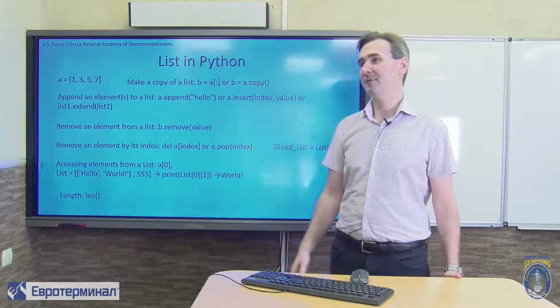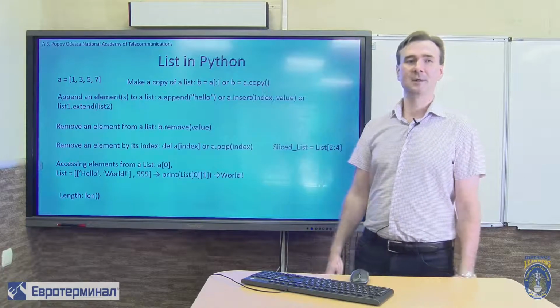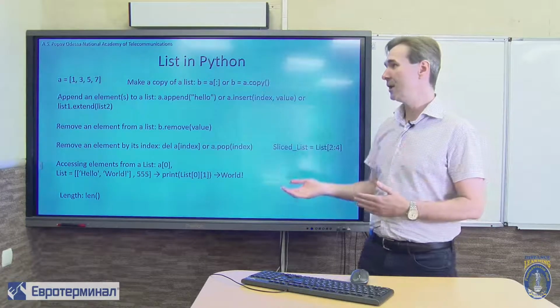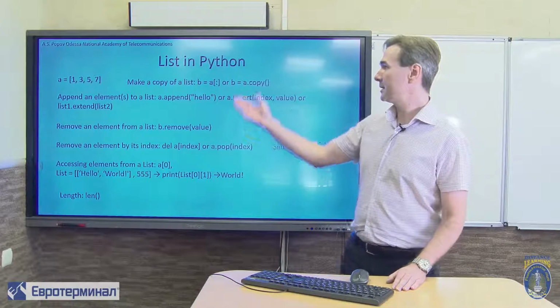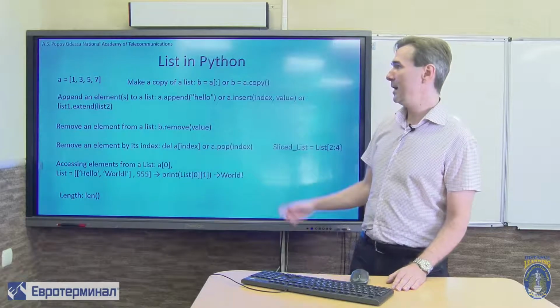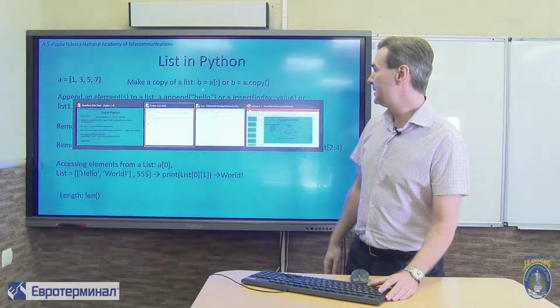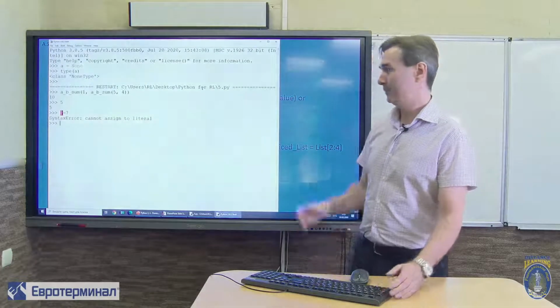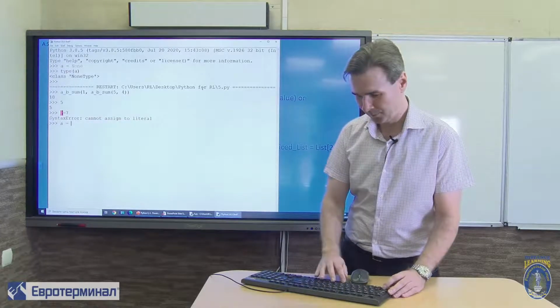You can have a float type, an integer type, an object of a string type, and the Boolean type. The syntax is this: a equals, and you use square brackets to declare your list. So let's try doing that.